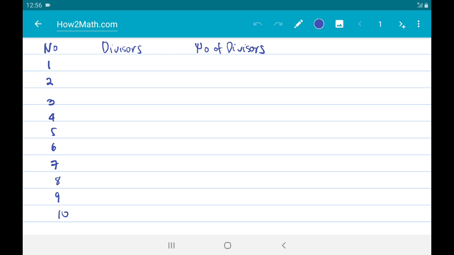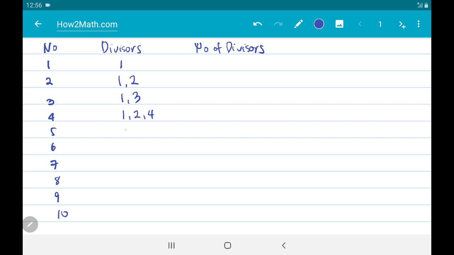I hope you have paused the video and listed the divisors of 1 to 10. So for 1, we have, of course, 1 only as a divisor. For 2, we have 1 and 2. For 3, we have 1 and 3. For 4, we have 1, 2, and 4.